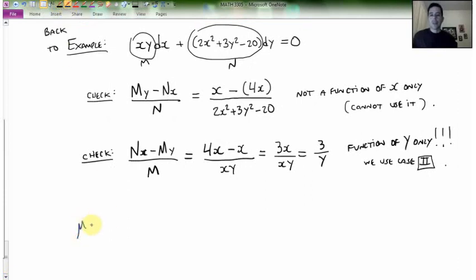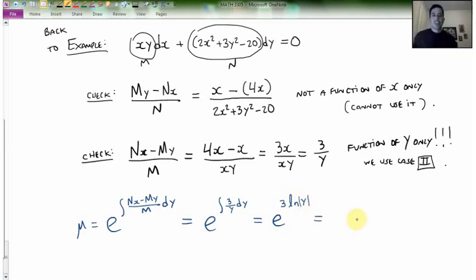Then mu is e to the integral of (nx minus my) over m dy. We already have that expression, it's 3 over y dy. So this is e to the 3 ln y.